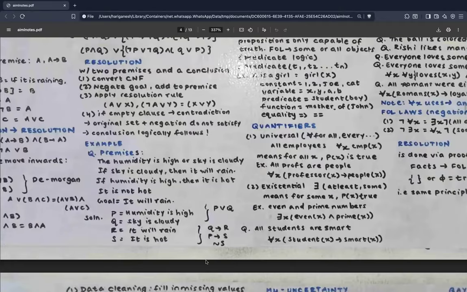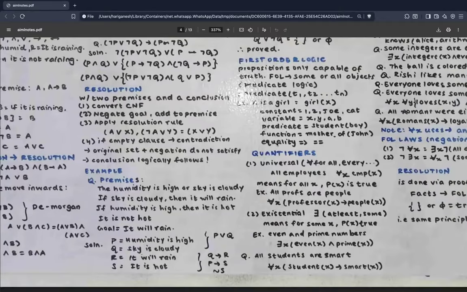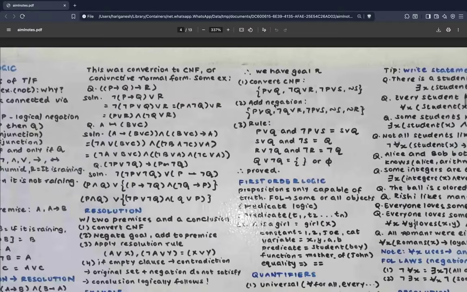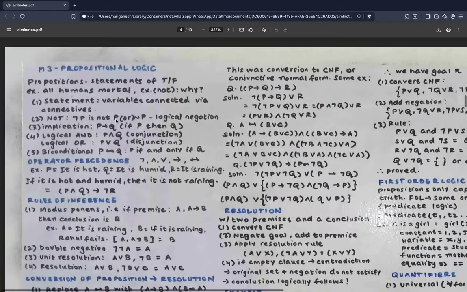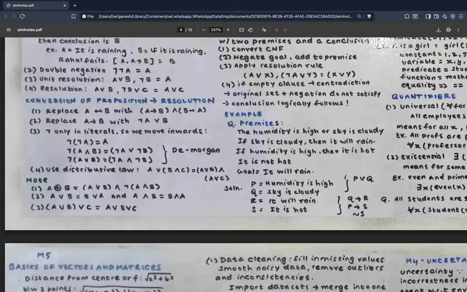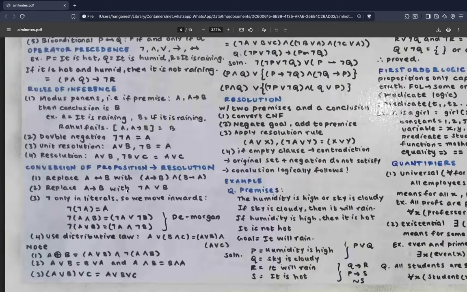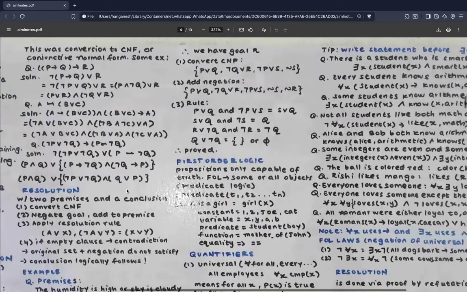Because we've converted these into this. P or Q is P or Q, obviously, but Q implies R is converted to not Q or R, following the same rule that we discussed somewhere here. That's pretty much all.